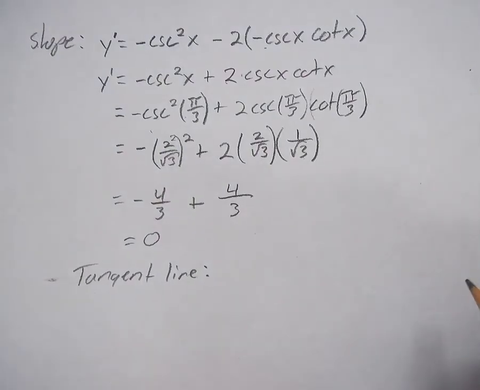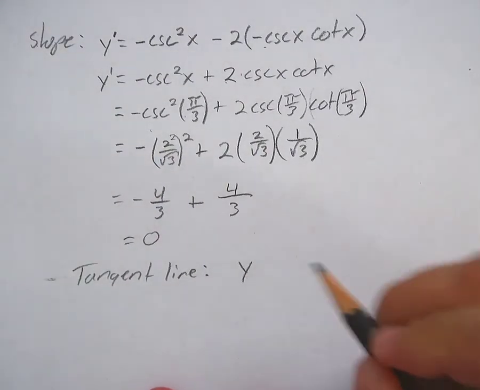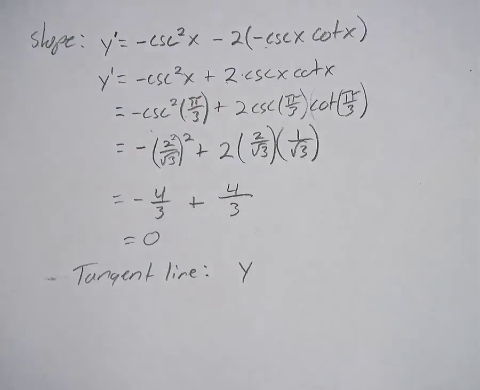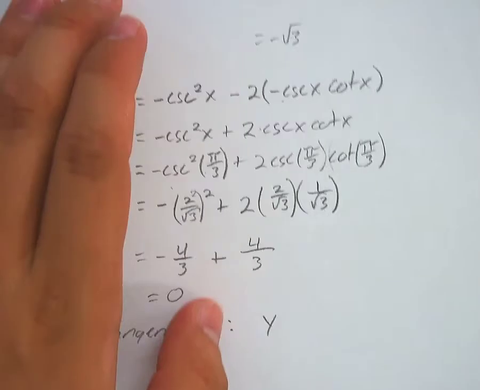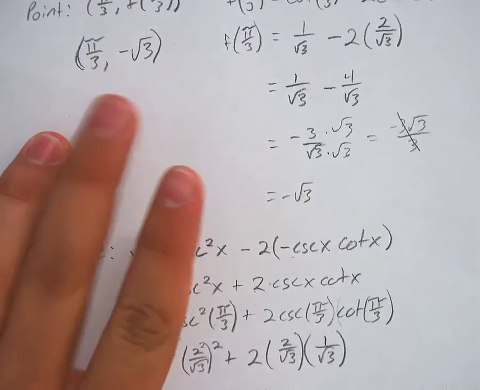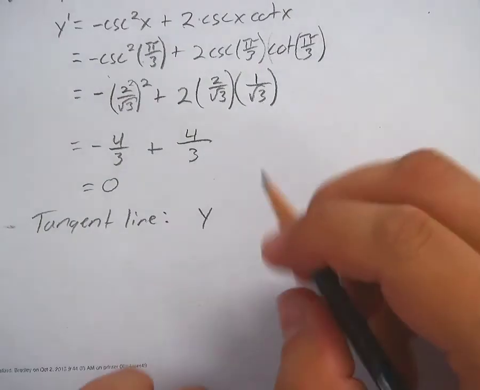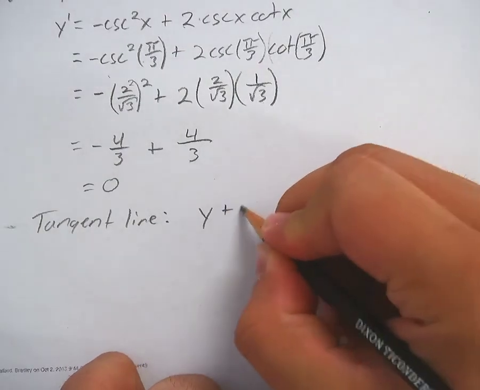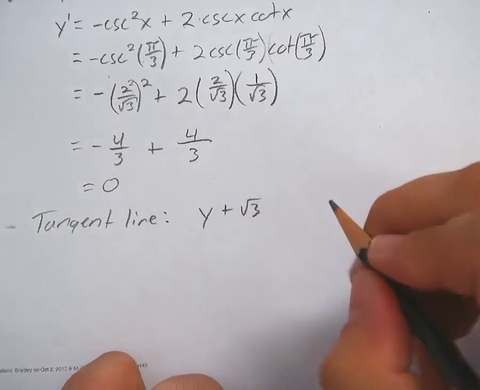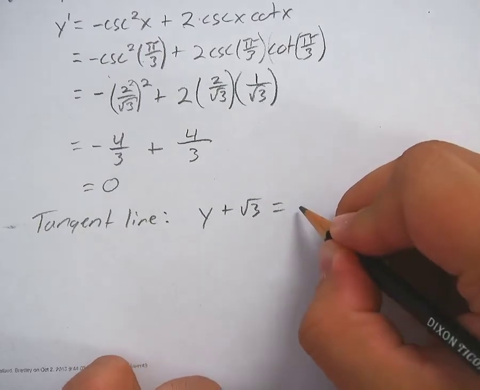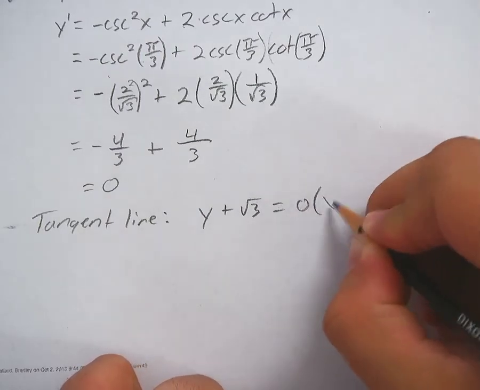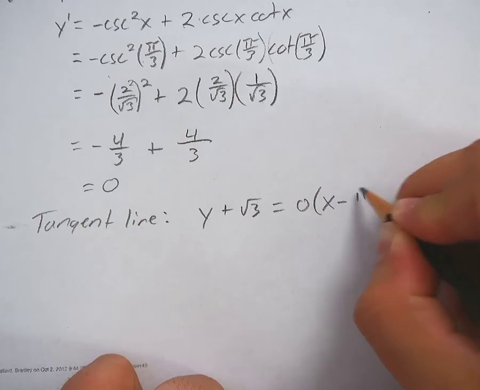So the tangent line then is going to be y, and remember that we're using the point from up here. So we've got the tangent is y plus the square root of 3 is equal to 0 times x minus pi over 3.